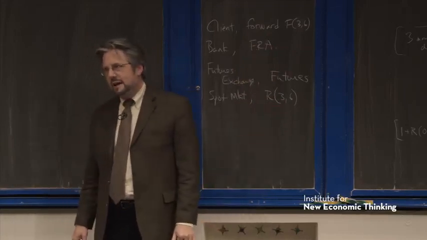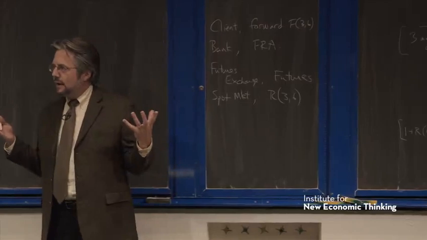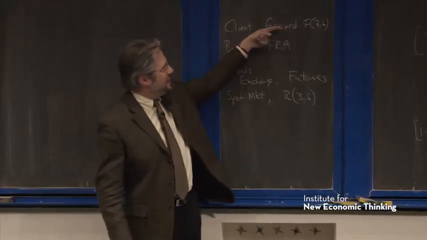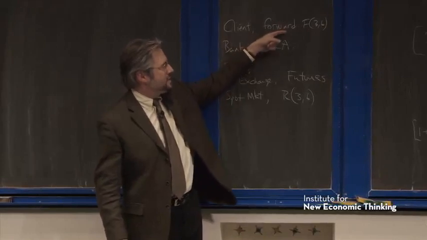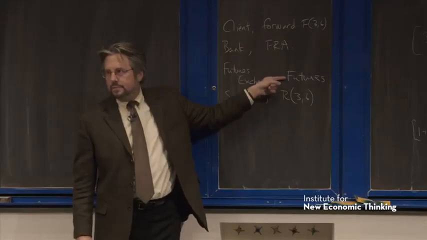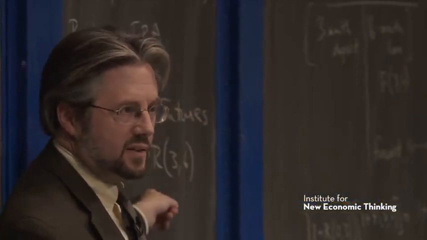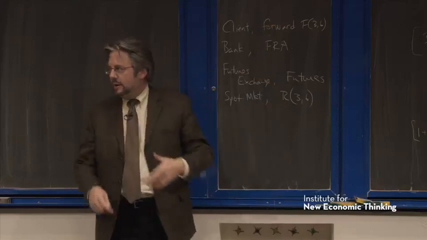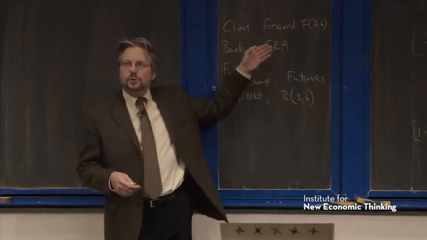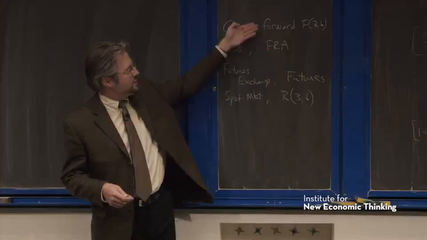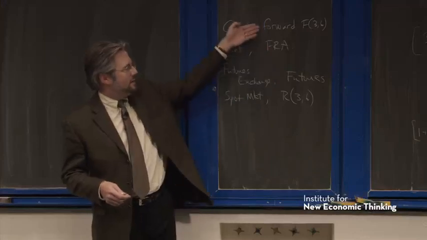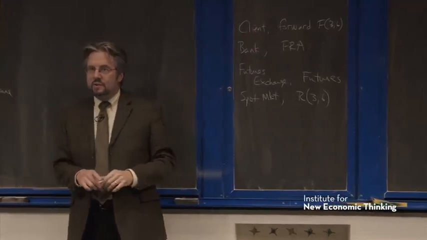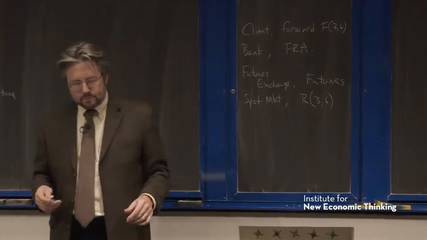If this way of thinking about the world is right, you would expect to see a difference, for example, between the forward rate of interest and the futures rate of interest, as well as a difference between the futures rate and the expected spot, as well as forward and expected spot. We know that's there, but now I'm putting futures in the middle. So talking about futures and forwards is another way of talking about forwards versus expected spot. It's the same sort of large canvas that we're writing on here.